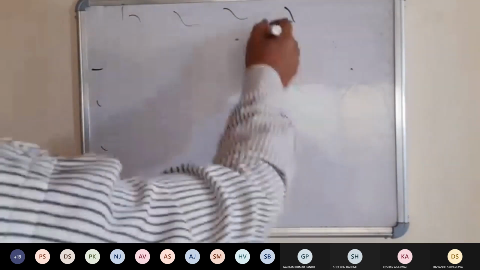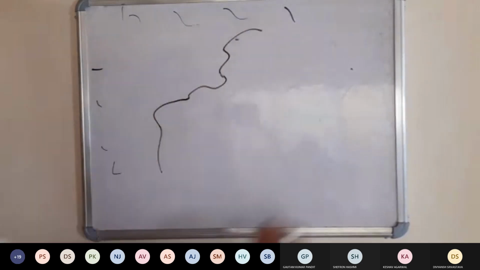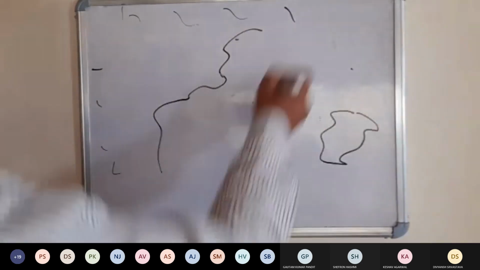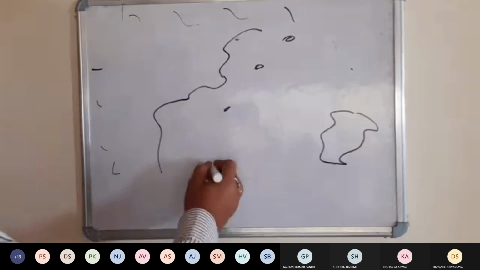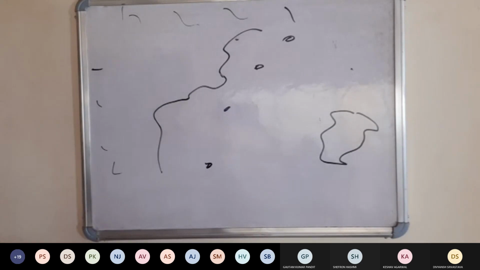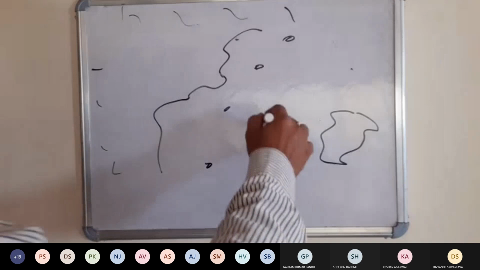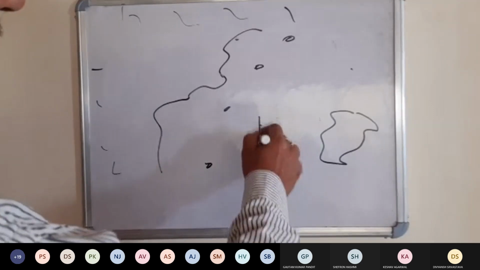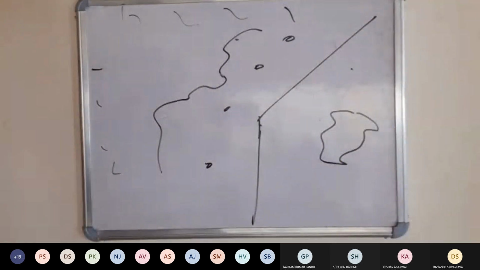Supposing this is your chart. This is the chart, lat longs are there, and you have to pass through. This is the shoreline. There is an island here. There are buoys. So when you are coming here in this place, you have to take your vessel and pass like this. Is that okay?